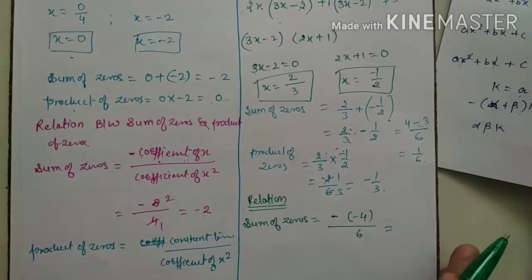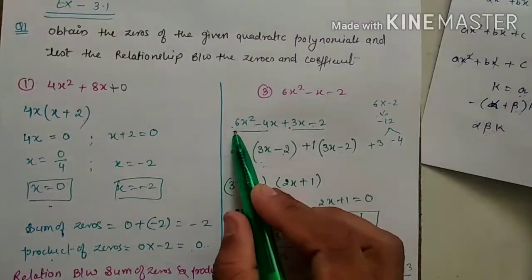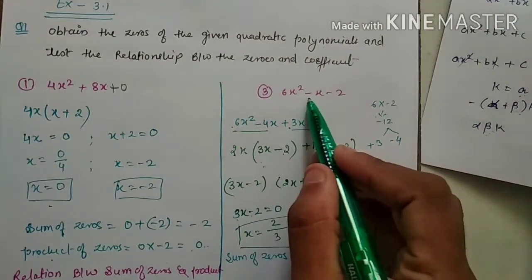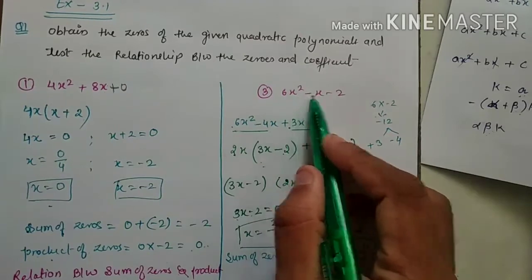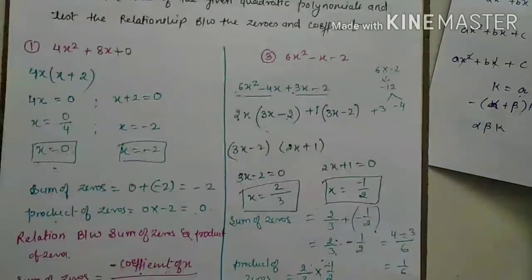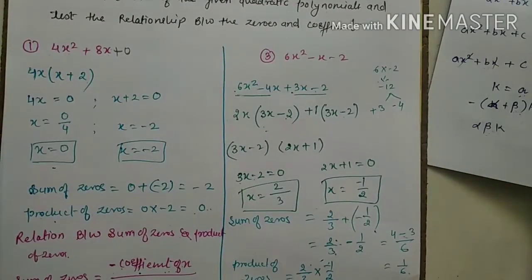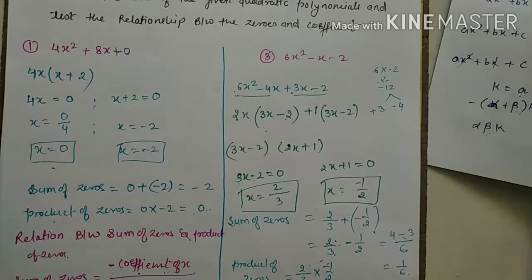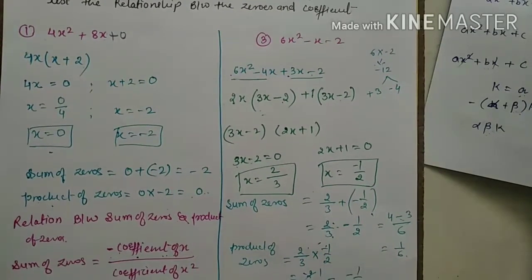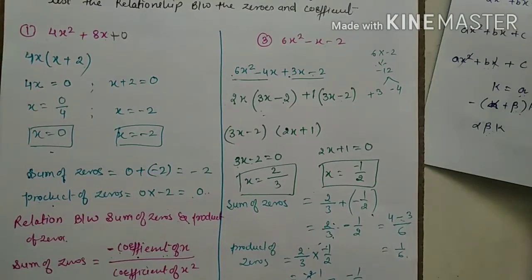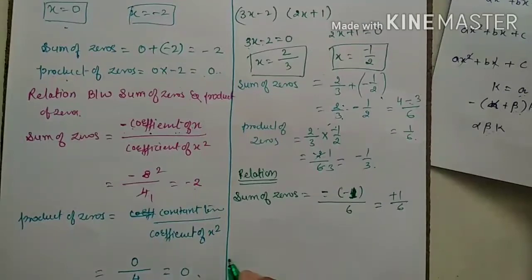So go back. Okay. Now we have to go to the question. 6x square minus x. Minus x in the sense you have a 1. Minus 1 upon 6. If you are opening the bracket, minus becomes plus 1 upon 6. So sum of zeros you are getting same. Correct? So match it.